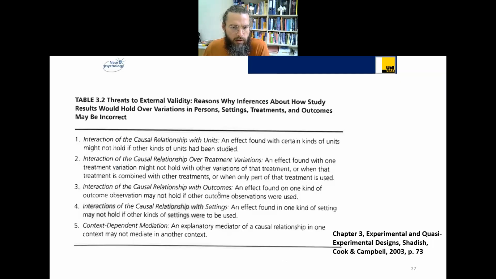Interaction of the causal relationship with outcomes: an effect found on one kind of outcome observation may not hold if other outcome observations were used. Yes, exactly. So you may observe that an intervention towards increasing empathy will produce measurable effects on implicit measurements of empathy, but not on explicit ones.